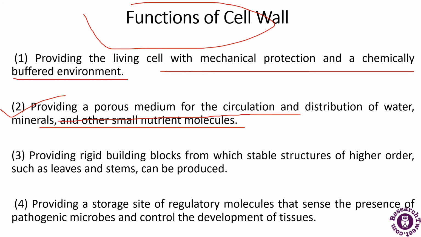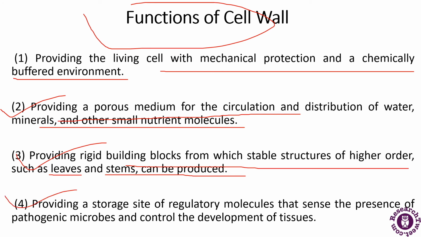It controls cell expansion due to the intake of water, helps prevent water loss from the cell, and is responsible for transporting substances between and across cells. It provides the rigid building blocks from which stable structures of higher order, such as leaves and stems, can be produced.